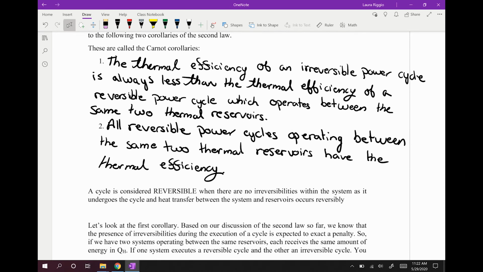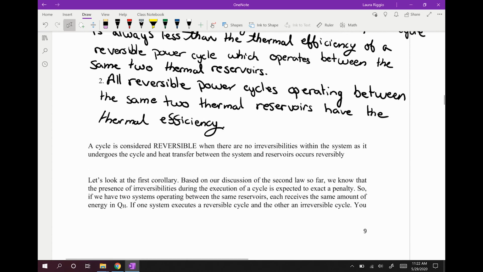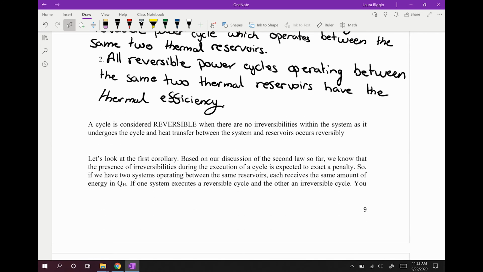A cycle is considered reversible when there are no irreversibilities within the system as it undergoes a cycle, and heat transfer between the system and the reservoirs occurs reversibly. So if we look at the first corollary, based on our discussion of the second law, we know that the presence of irreversibilities during the execution of a cycle is expected to have a penalty.